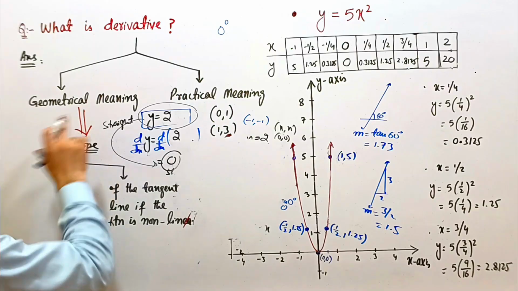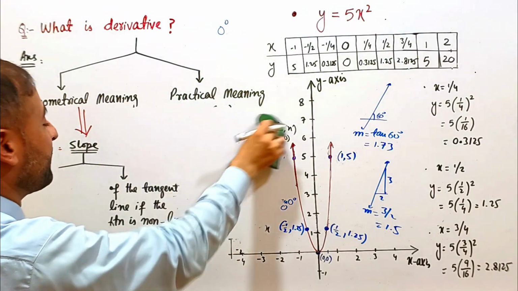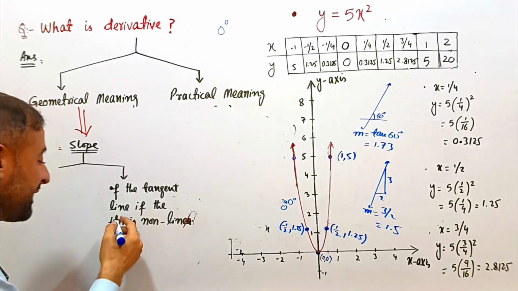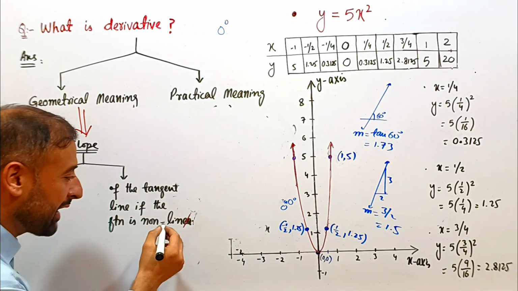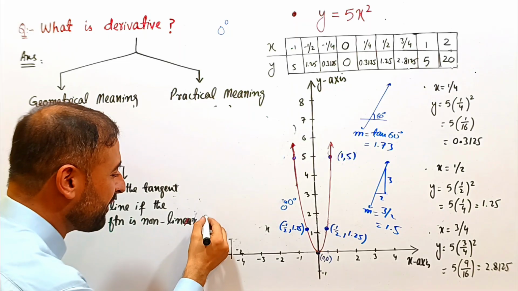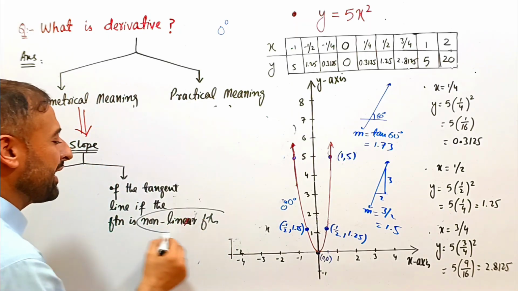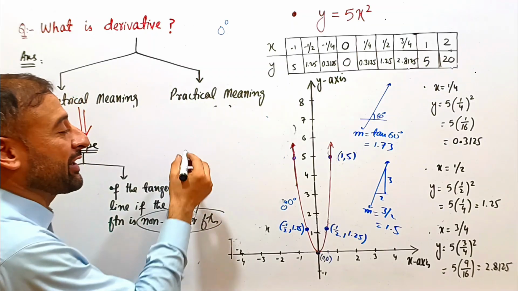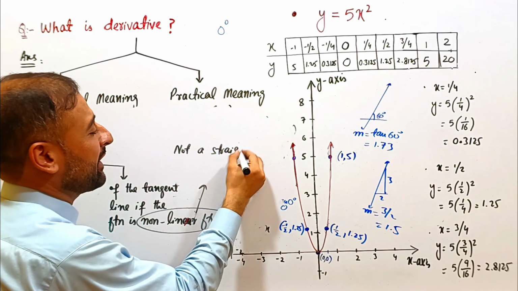Students, the derivative will show the slope. Slope of what? Slope of the tangent line if the given function is a non-linear function. For a non-linear function, the graph will not be a straight line.